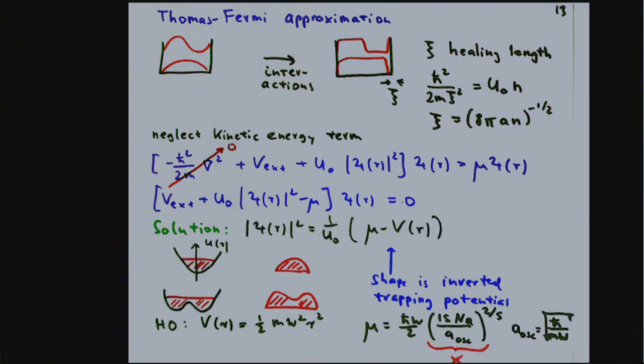and we can simply solve that. The solution is that psi squared, the density, is nothing else than a constant minus the inverted trapping potential. So in this Thomas-Fermi approximation, where we neglect the kinetic energy completely, you just take your trapping potential, turn it upside down, and then you fill it up with density until you have accommodated the number of atoms you want to accommodate.